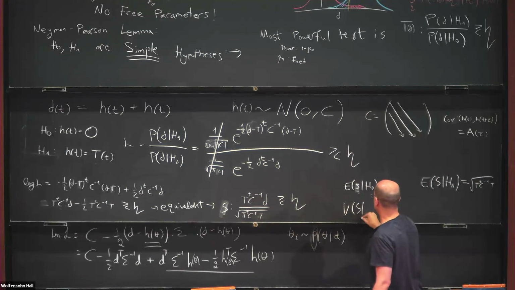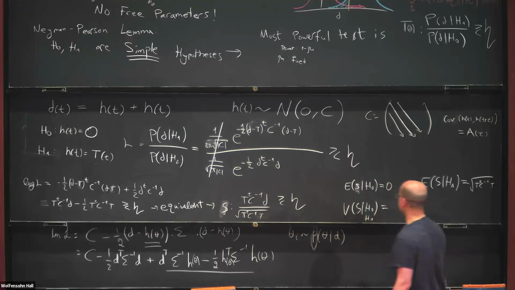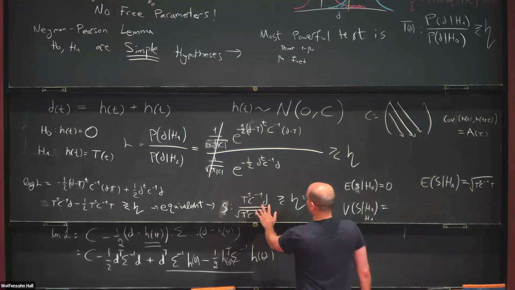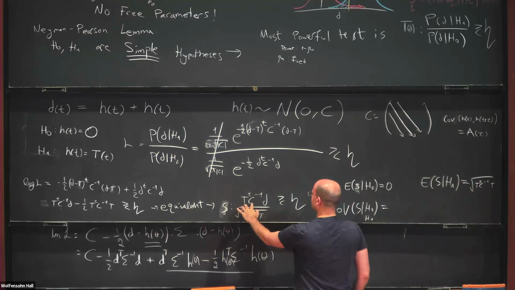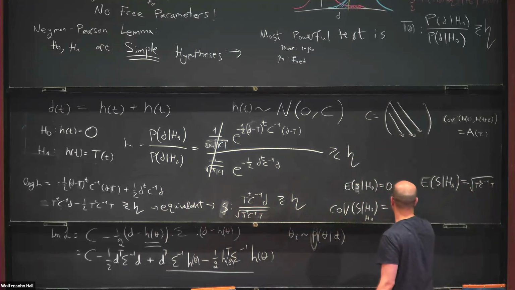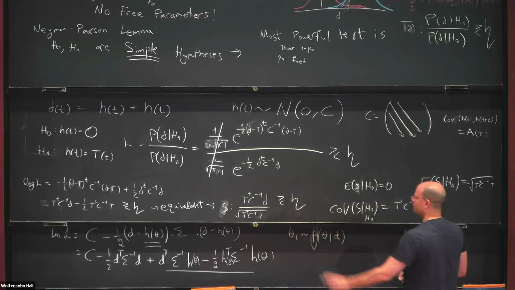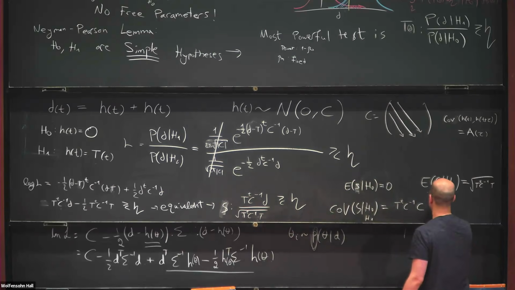And what is the variance of S given H naught or H1? So I have a variable that has a covariance, okay, and I do a linear transformation. So the new covariance is going to be the linear transformation, and then the covariance of the thing, which is C, and then the transpose of the linear transformation. So that's C minus 1T.